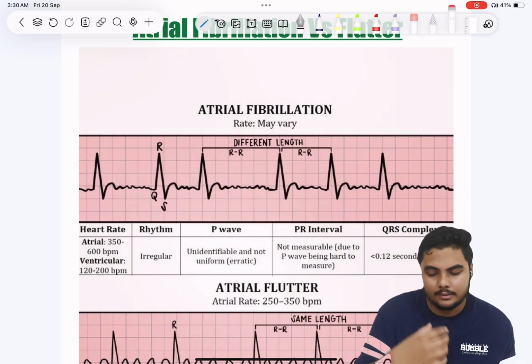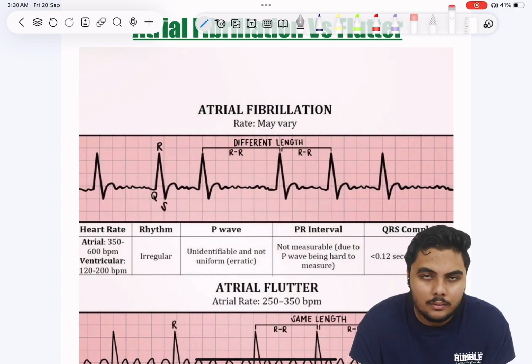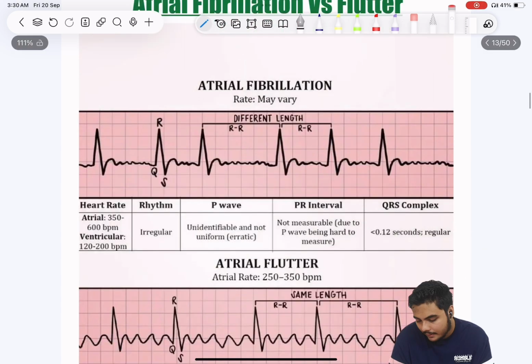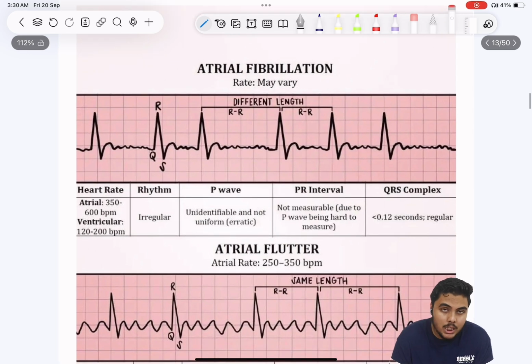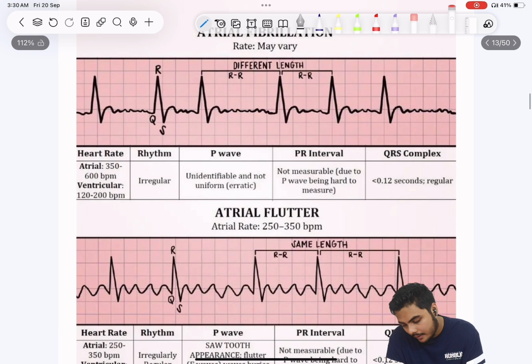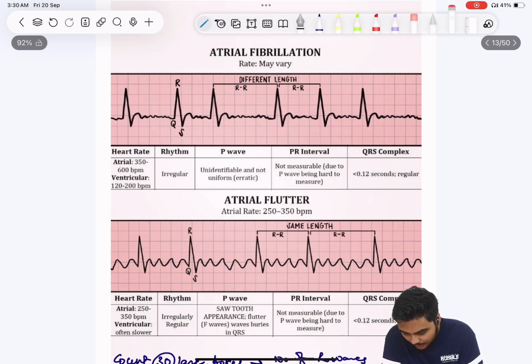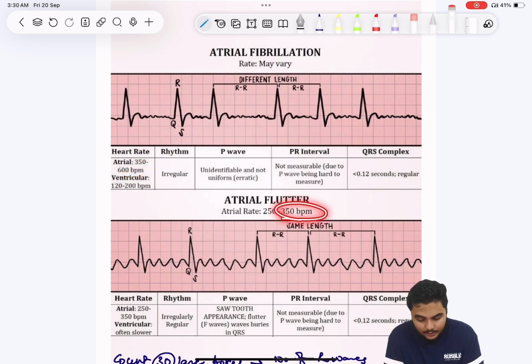So it partially contracts, as a result of which the diastole and systole both are of reduced duration, right? So the heart rate in atrial fibrillation is much higher as compared to the heart rate in atrial flutter, right? So you can see the atrial rate is around 350 to 600 in atrial fibrillation and up to 350 in flutter, right?